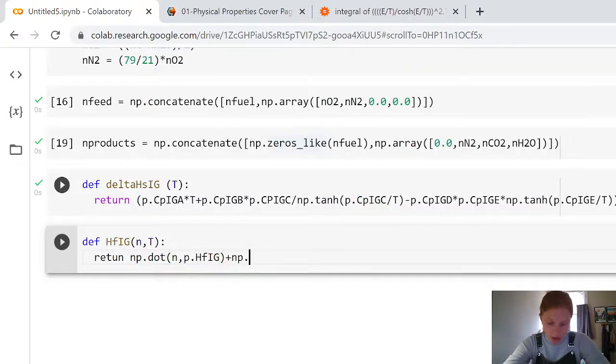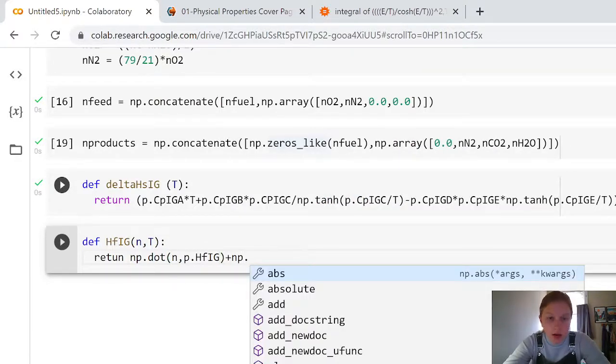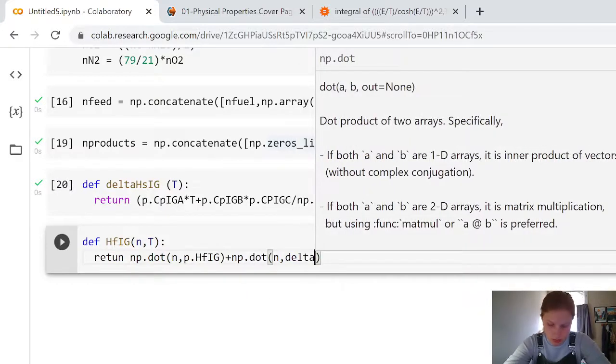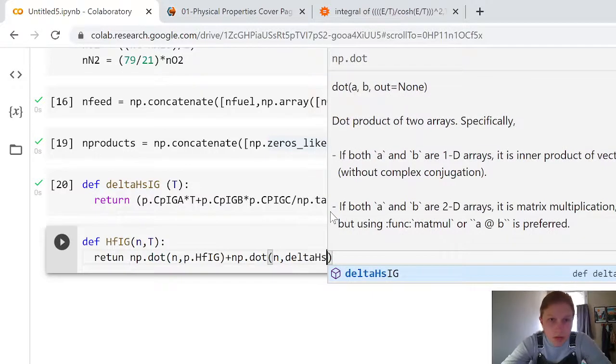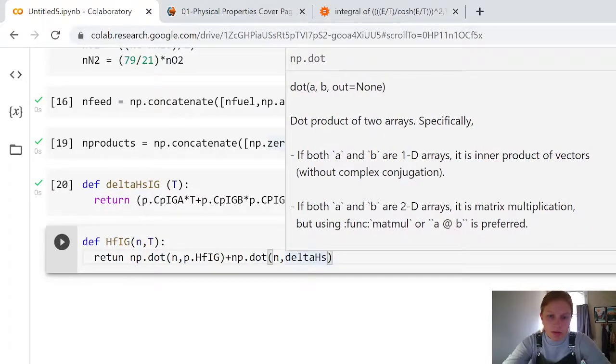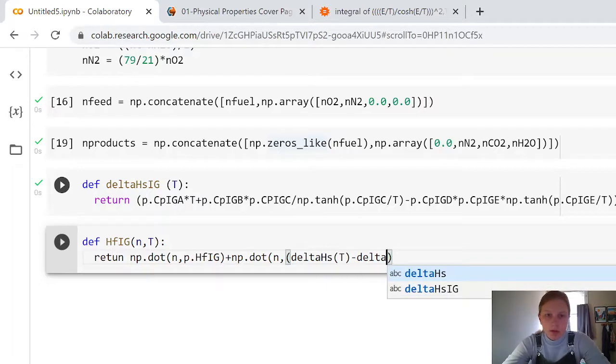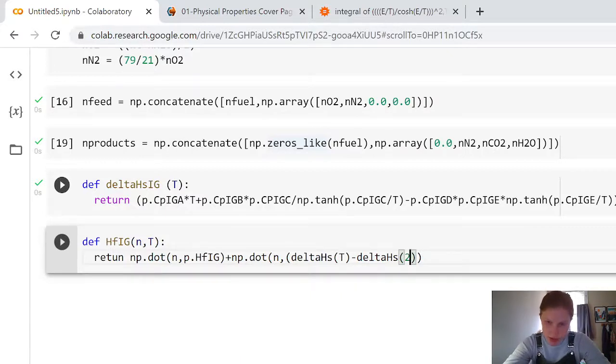Adding the dot product of the moles in the parenthesis here at the temperature minus the heat of formation at 298 Kelvin.